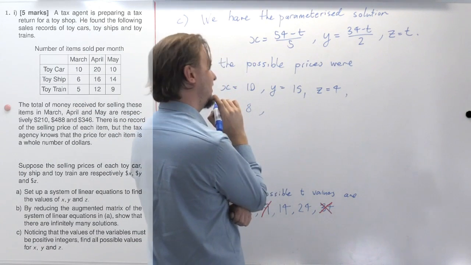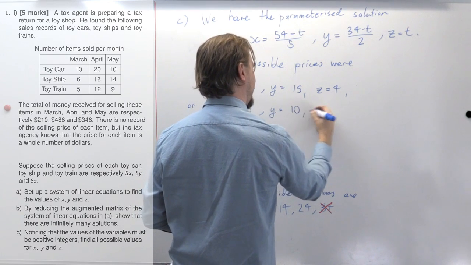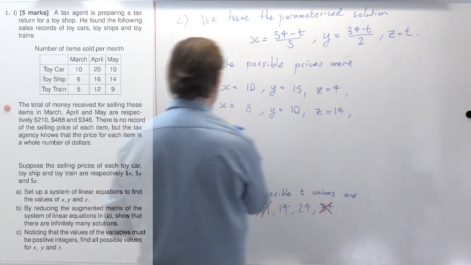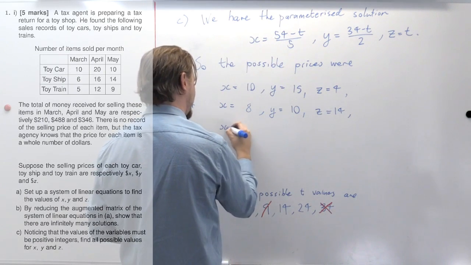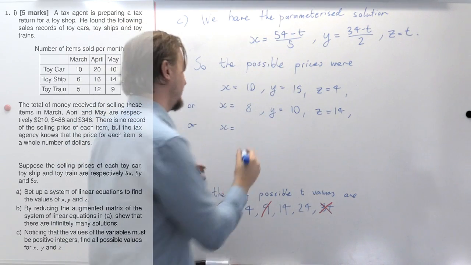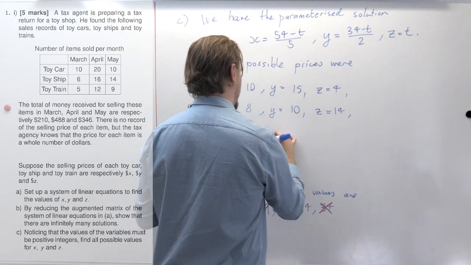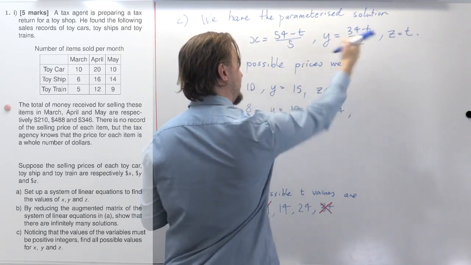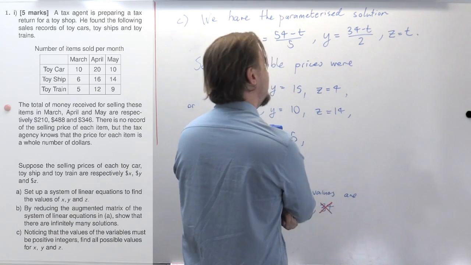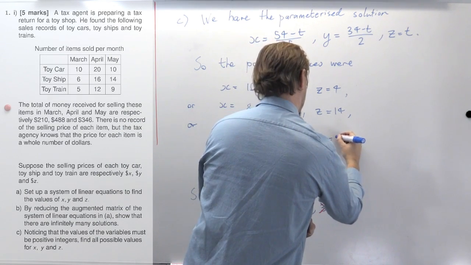And 14 gives me 20 over 2, which is 10. And z was just equal to 14. And the final sensible solution was x equals, well, put in 24, you get 30 over 5 is 6. Y equals, well, this will be 10 over 2 is 5. And the last one was z equals 24.